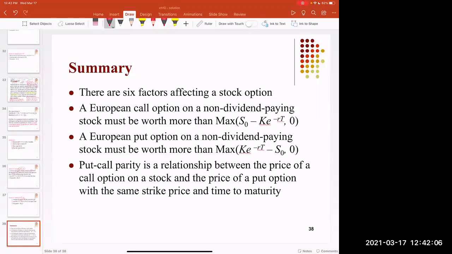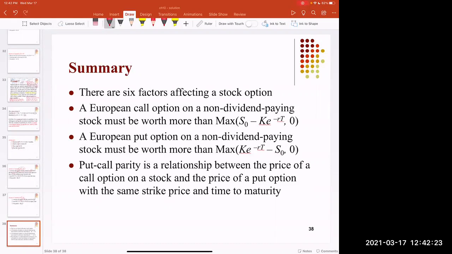And a European put option must be worth more than its lower bound. Put-call parity is the relationship between the price of a call option and the price of a put option with the same strike price and time to maturity.